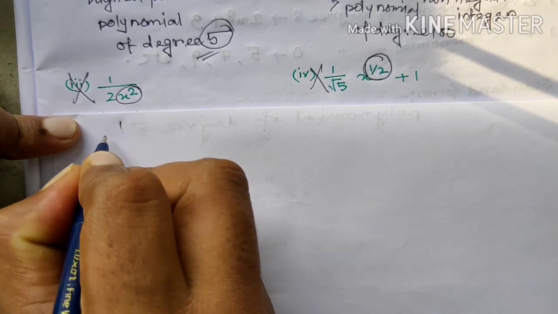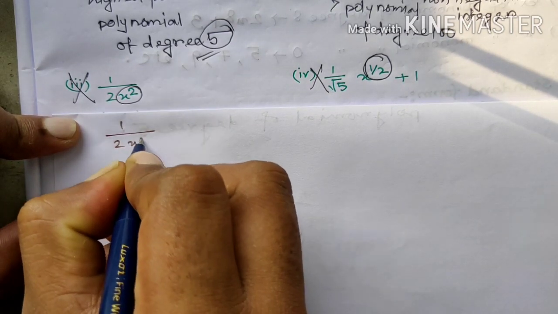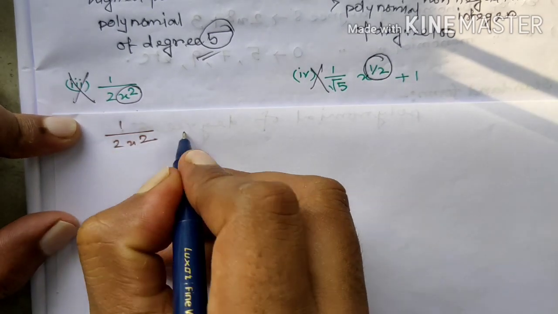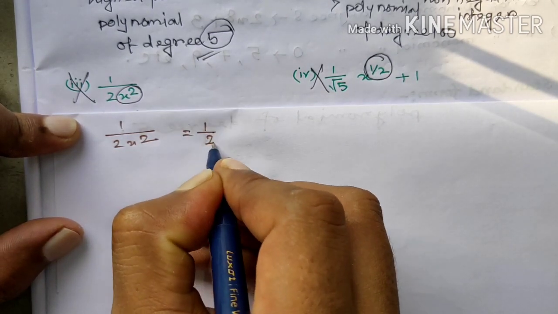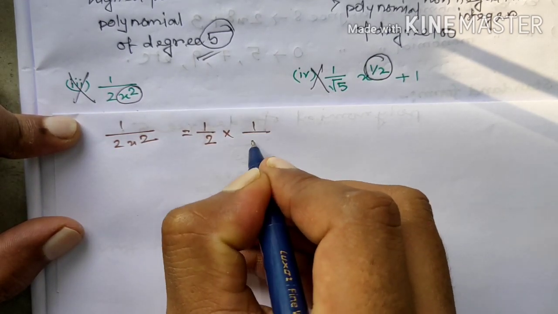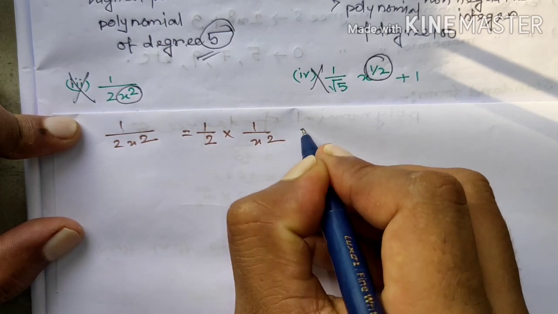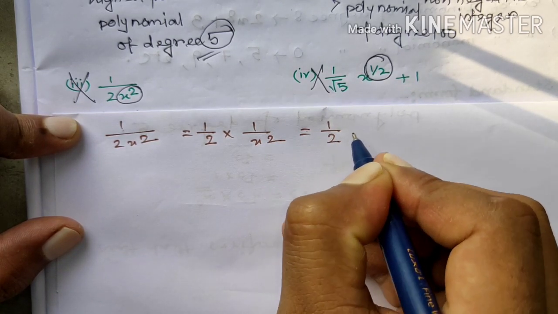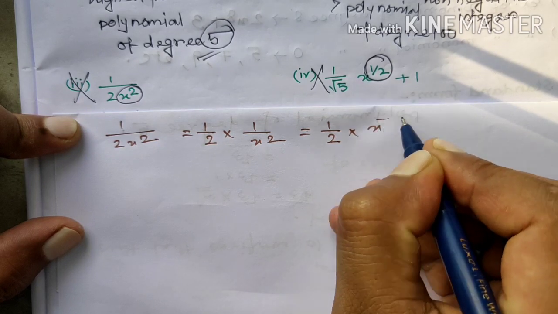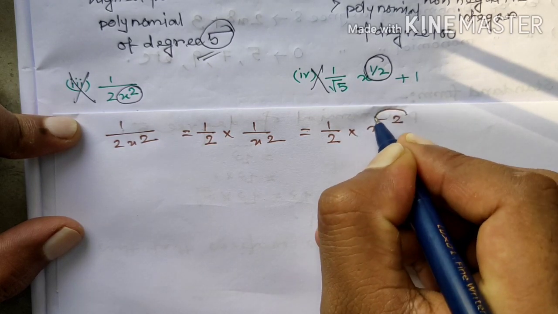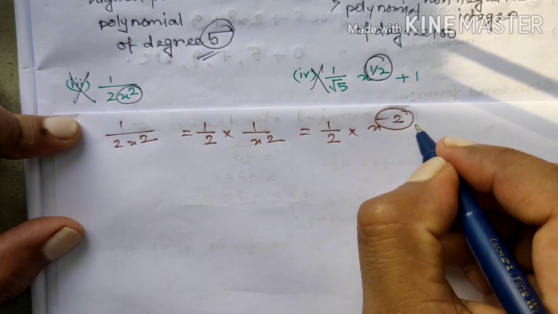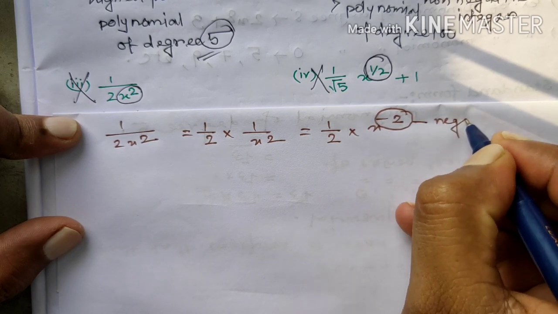Now for 1 by 2x square, we may write this as 1 by 2 into 1 by x square, equal to 1 by 2 into x to the power minus 2. Hence minus 2 is a negative integer.